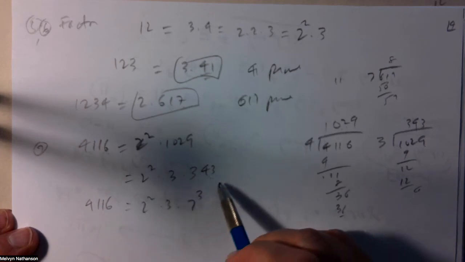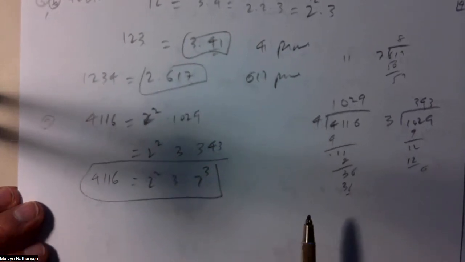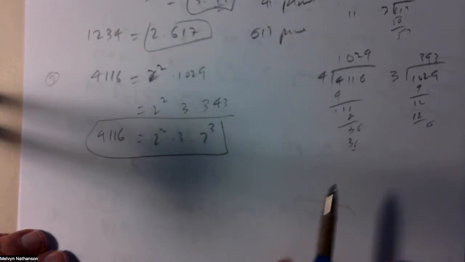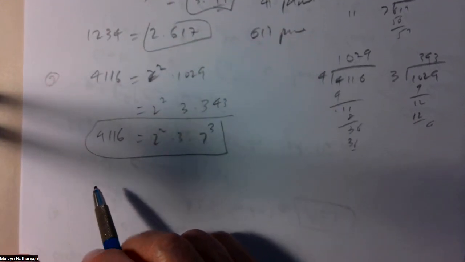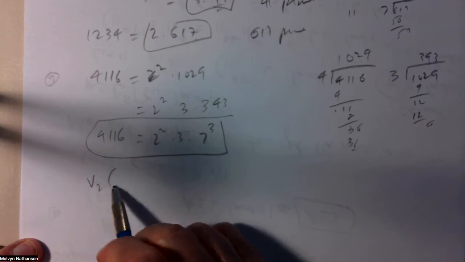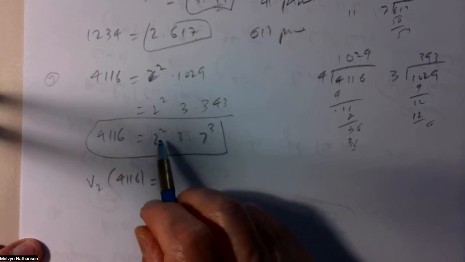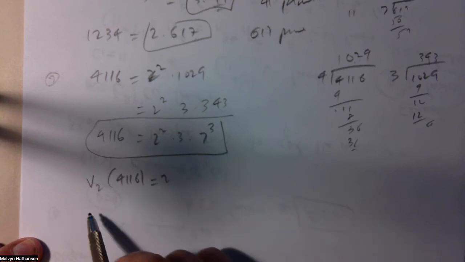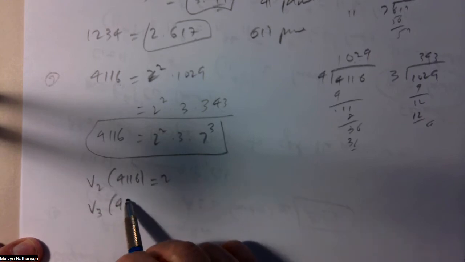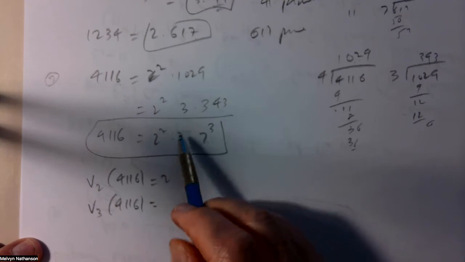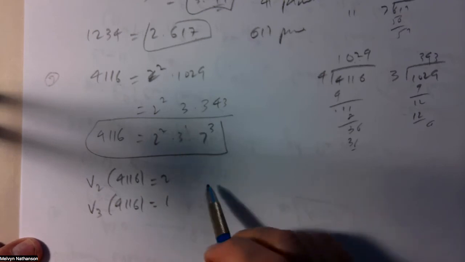So 4,116, when you write it as a product of prime powers, is exactly this. The highest power of 2 that divides this number is 2 to the second power. The highest power of 3 that divides this number is the first power.